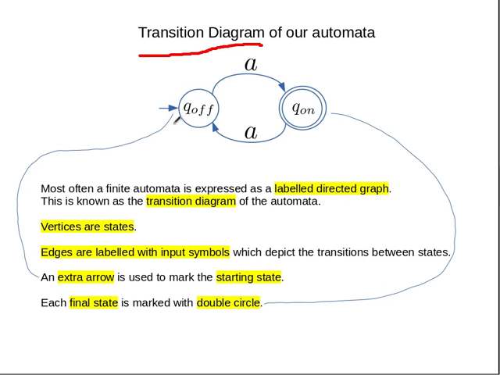And there will be this starting state, which will be marked with an additional arrow, and all the final states. Here there is only one final state, so all the final states will be marked with a double circle. Okay, so this is the drawing convention.